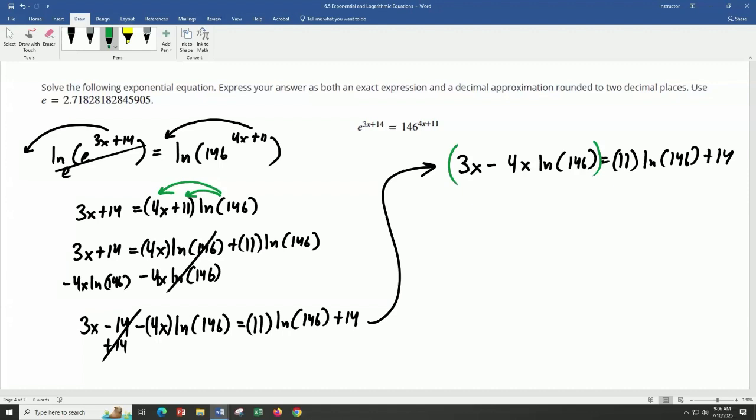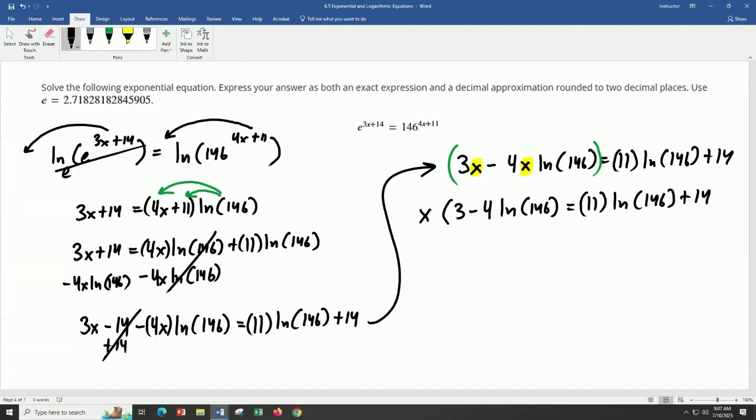What's my GCF? Is that not a common factor amongst both those? That is 3 times x, 4 times x times the natural log of 146. So x is a common factor. So I'm going to pull out the x, and that leaves me with 3 minus 4 ln 146 is equal to 11 ln 146 plus 14.